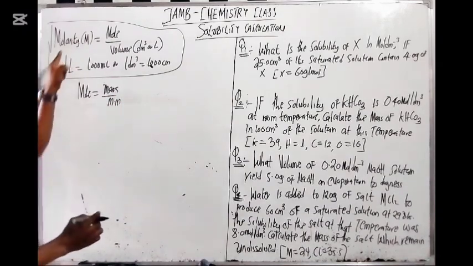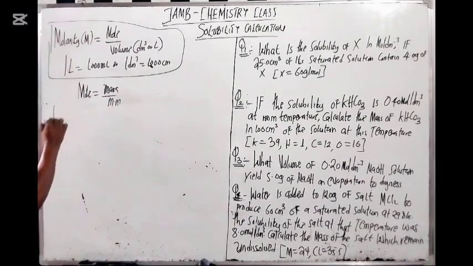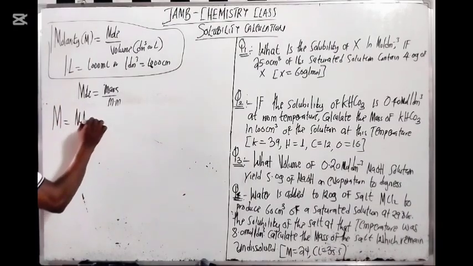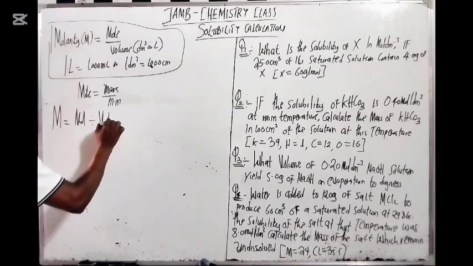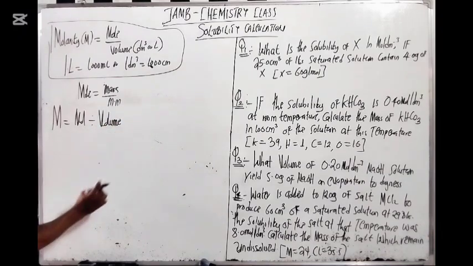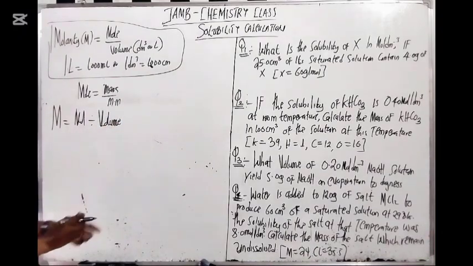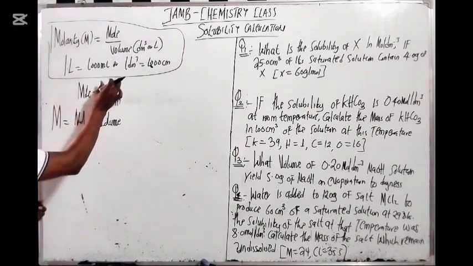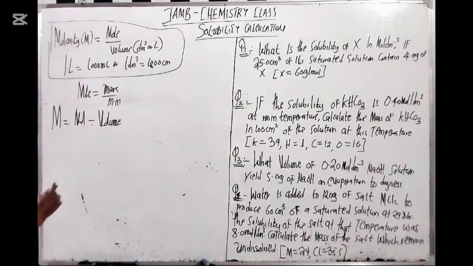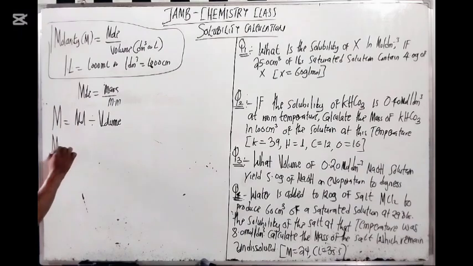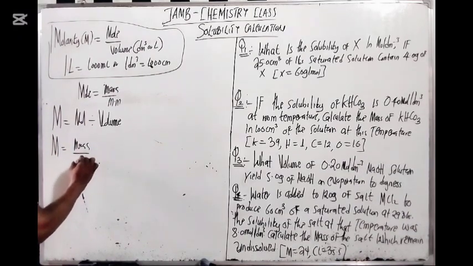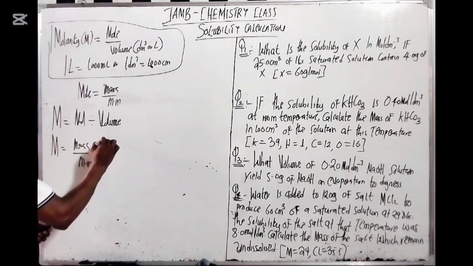So if you look at molarity, molarity equals mole divided by volume. So in place of mole, I put mass over molar mass. So molarity equals mass over molar mass, divided by volume over 1, right?